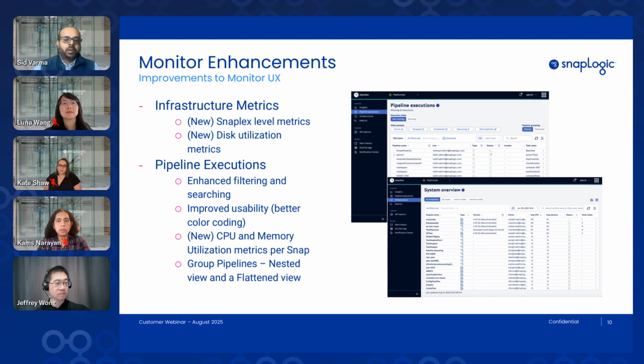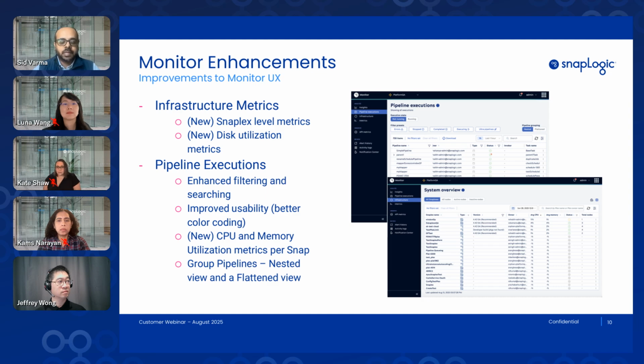Within pipeline executions, we have improved usability, where you can see enhanced filtering and searching on the pipeline executions table. There's better color coding that lets you see the failed versus stopped versus running or successfully running pipelines.